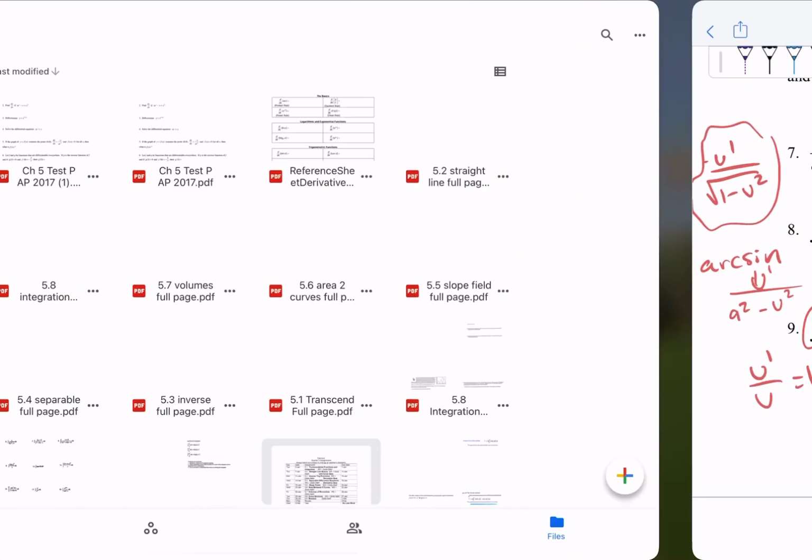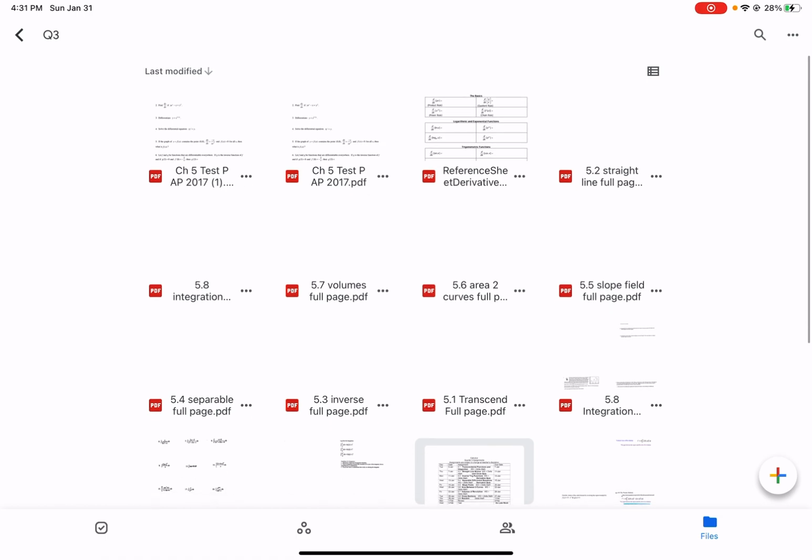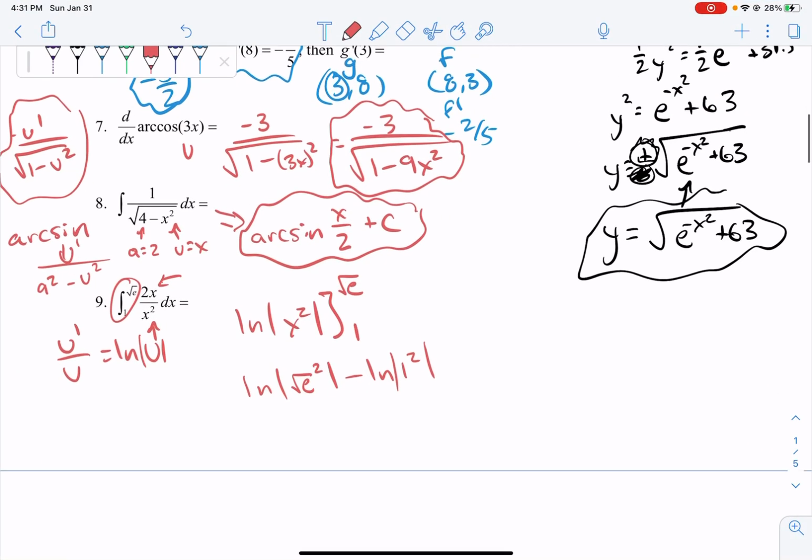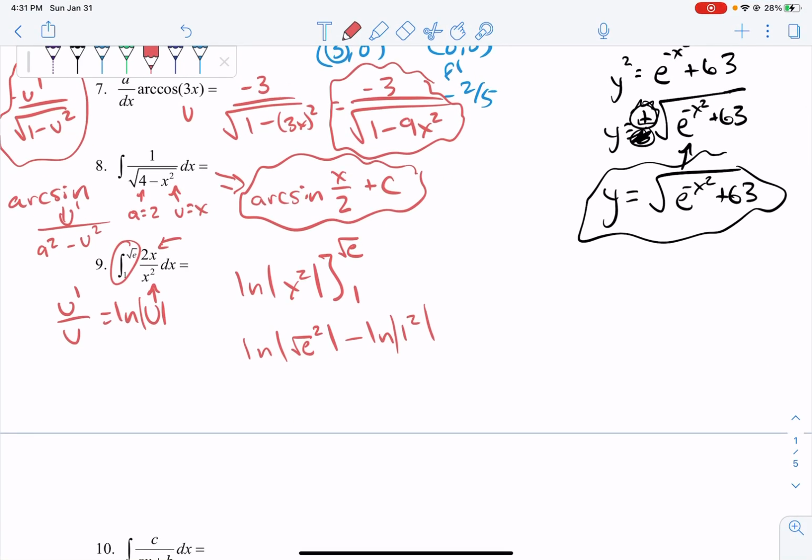Root e squared is just e, so I end up with natural log of e minus natural log of 1. Natural log of e is 1. Natural log of 1 is 0. So 1 minus 0 is a whopping 1.